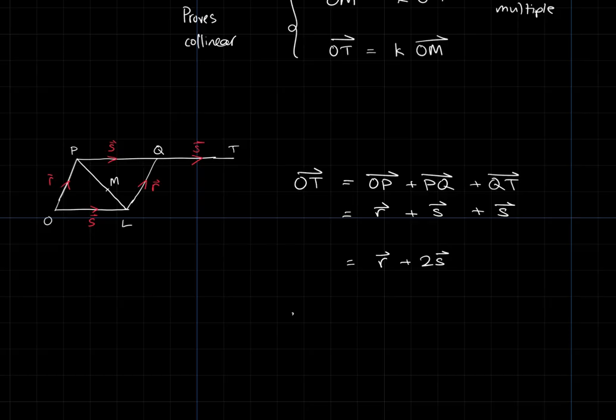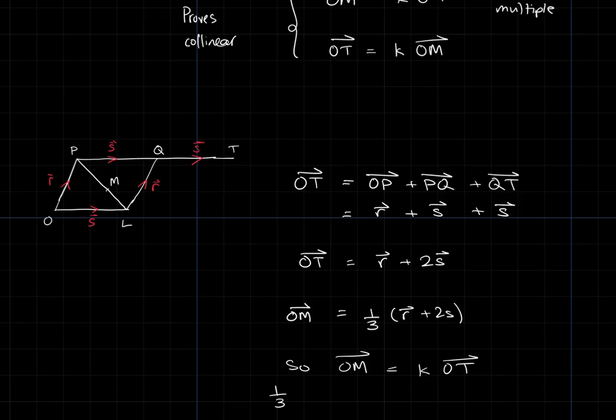But wait a minute, we know that OM, we found OM to be 1/3 of R plus 2S. Are we seeing a pattern here? Yes, we do. This means that OM is a scalar multiple of OT.